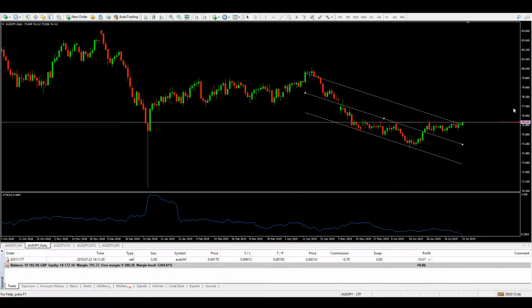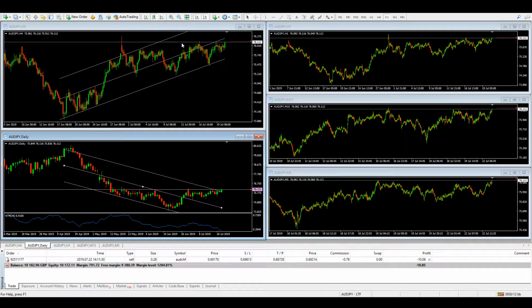So if you were looking to fade this, so fade is going against the prevailing trend, what I'd need to see is signs of bearishness in the lower time frames. Don't really see that on the 4 hourly, not on the hourly, not on anything really at the moment. All these are saying is that there's a really strong level, and there's a slight bias to the upside.